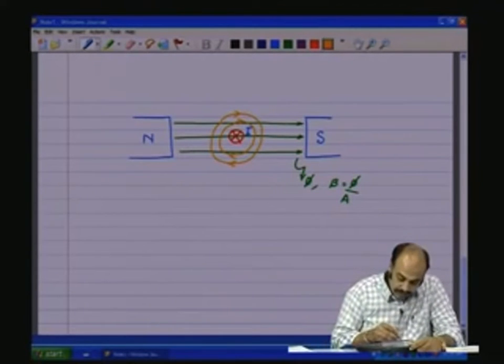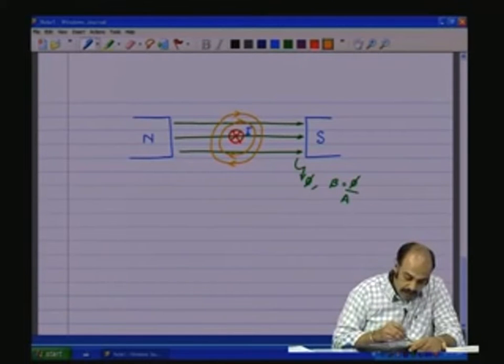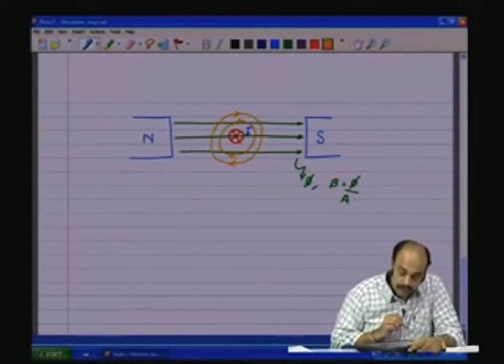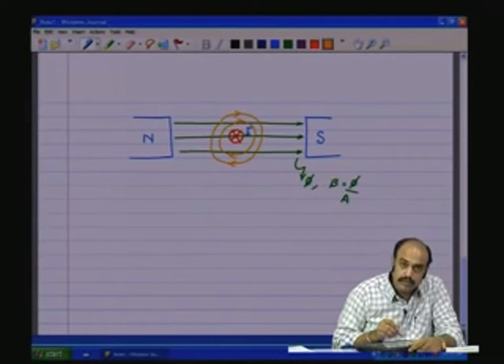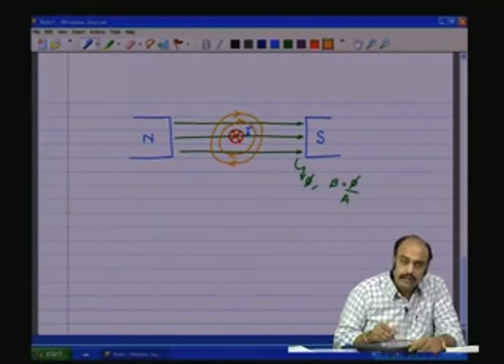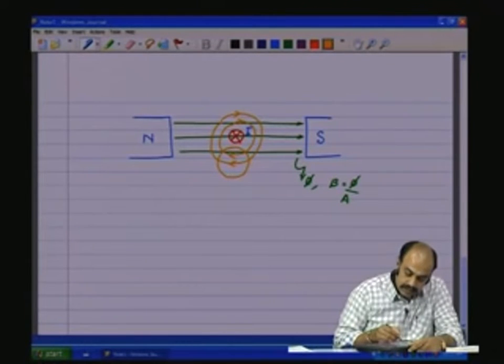So now you see what's happening. The field produced due to the current, the orange ones which are shown, and the field of the permanent magnet, both are acting. Above the conductor, the field produced by the current in the conductor is aiding the north-south field, and below the conductor, the field produced by the current flowing in the conductor is against the magnetic field of the north-south poles.